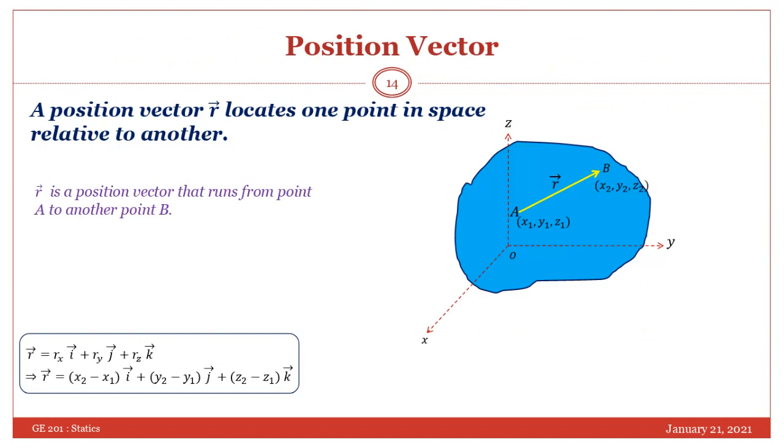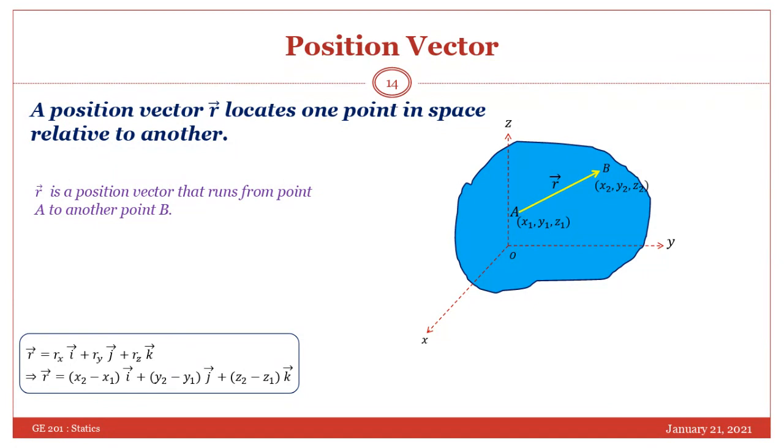And this is the last topic of this vector chapter, position vector. You see, many times in real life, we have to refer to an object with reference to some other object.